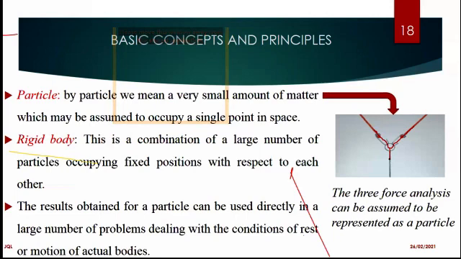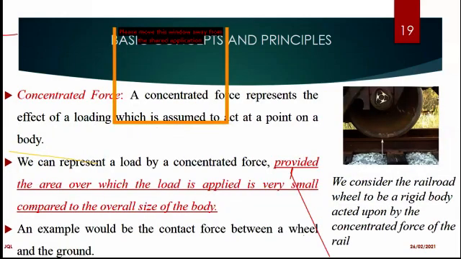So you make it a particle where you assume that all these ropes meet at the center. That is the particle we are talking about. A concentrated force. This is an example.